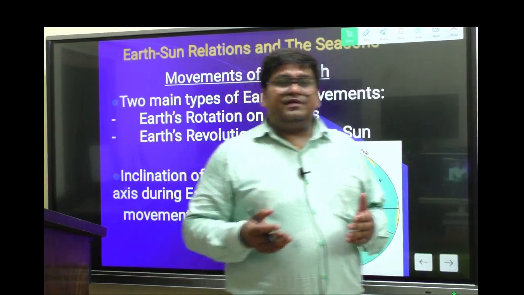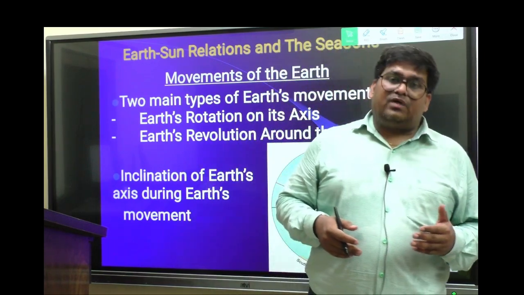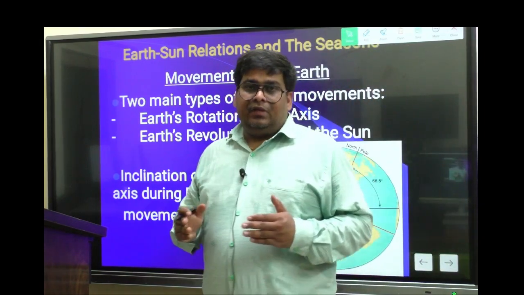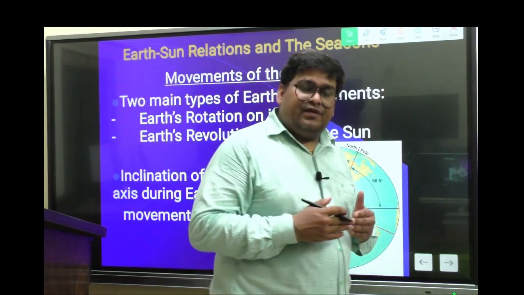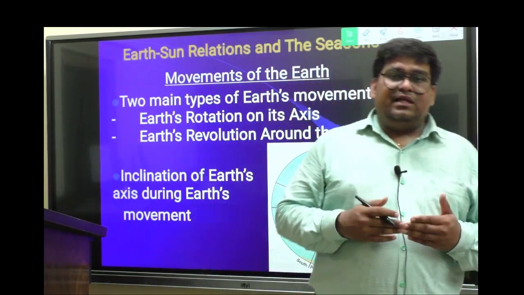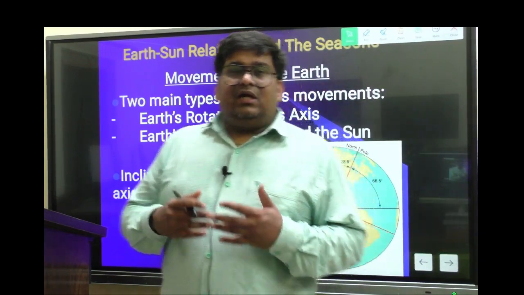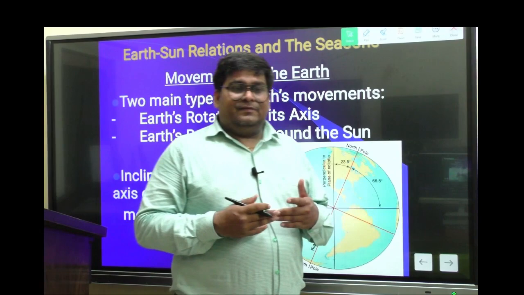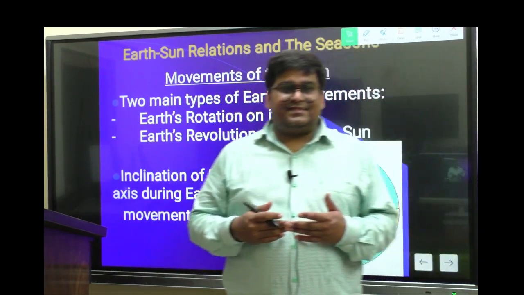In 4 years, those 6 hours become 24 hours, that is 1 day. So we add it once in 4 years to make a leap year. In a leap year, February has 29 days, and instead of 365 days you will have 366 days.